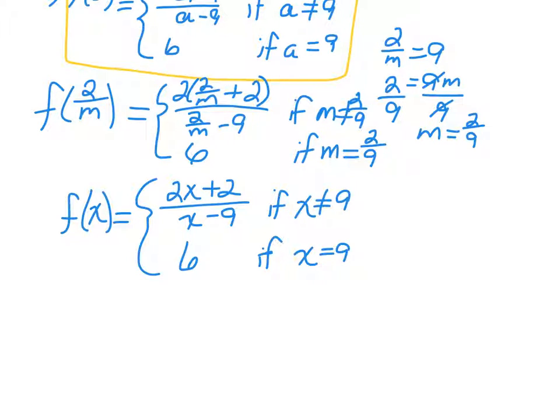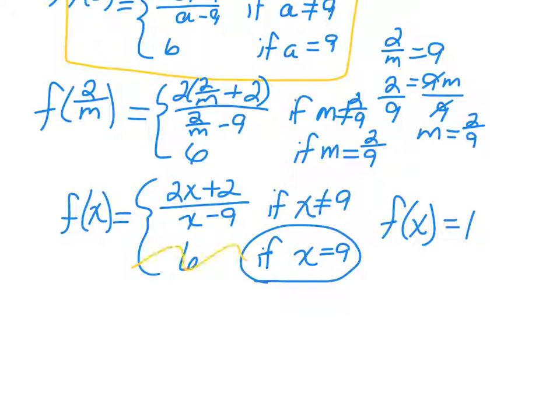And we're trying to find what value of x makes f of x equal to 1. Well, f of x is equal to 6 if x equals 9. So obviously, that part of the rule isn't going to help us with this because the function value is 6. It's not 1. So that means that x has to be something other than 9.